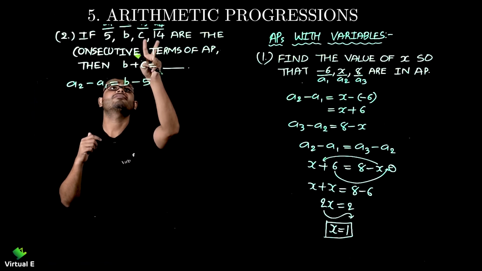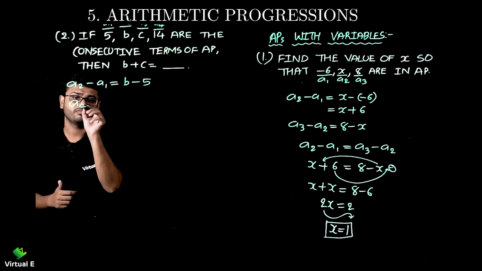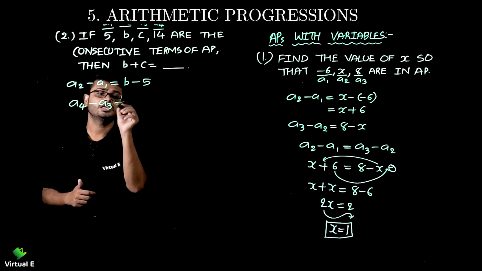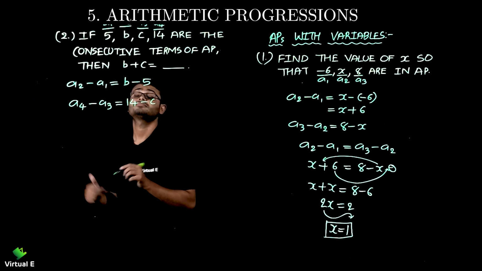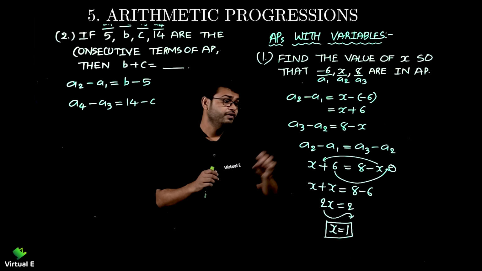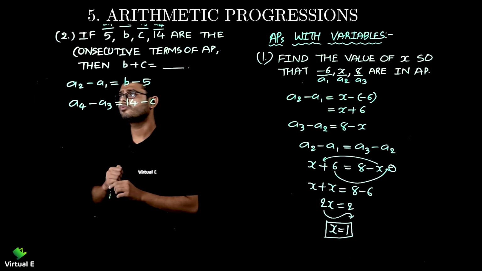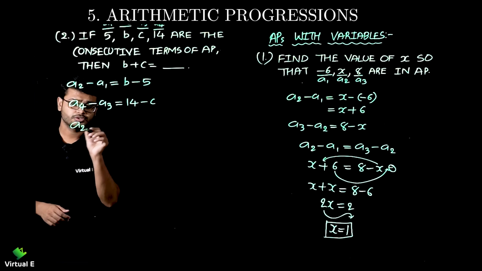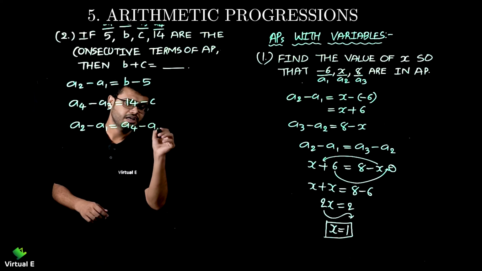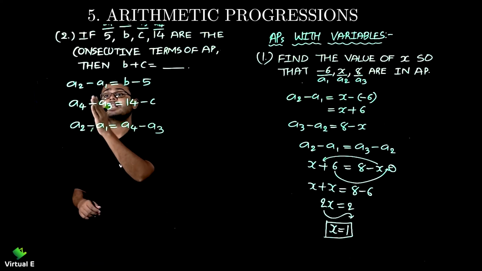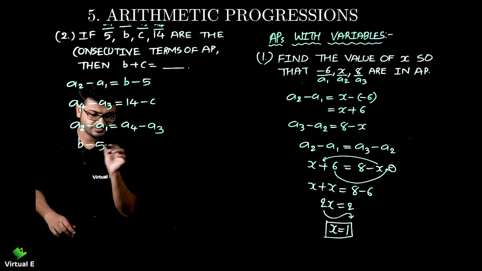Next, I'm going to take the difference of these two terms, A4 minus A3. It is 14 minus C. Simple. Now we need to take the differences equal. Same as before, A2 minus A1 is equal to A4 minus A3. So what is the value of A2 minus A1? B minus 5.